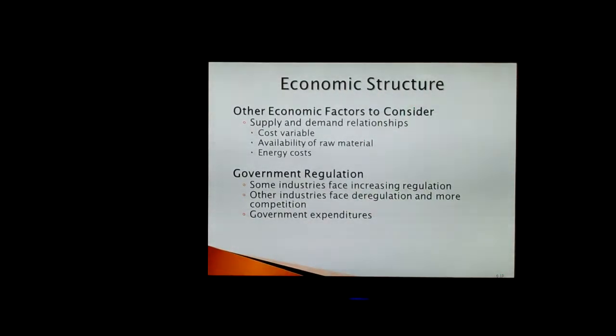Okay. Other economic factors to consider: supply and demand relationships that can drive costs up or down, availability of raw material, energy cost. Alternatives to your product are also something else. In some industries, as regulation increases, costs and prices can go up.